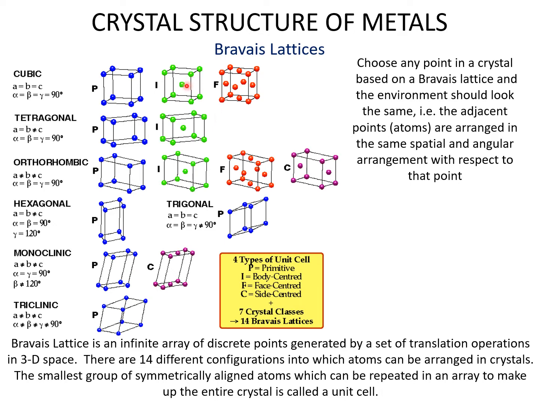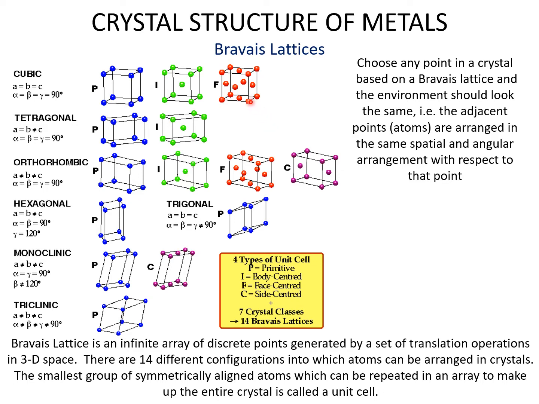The important thing about a Bravais lattice that's critical here is that it can be described by a number of point groups, and what the point group means is that if you take any one atom, in this particular instance these are points, but really they're atoms, and you've built up your lattice and you look around you in all directions, the environment should appear the same.